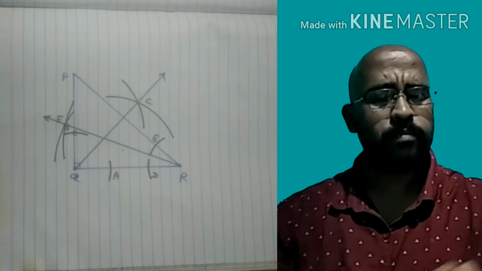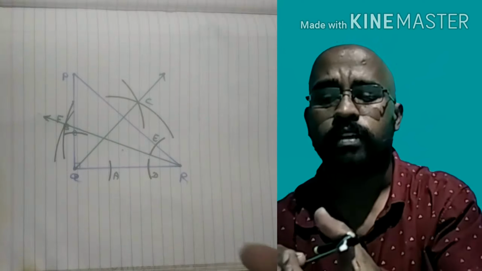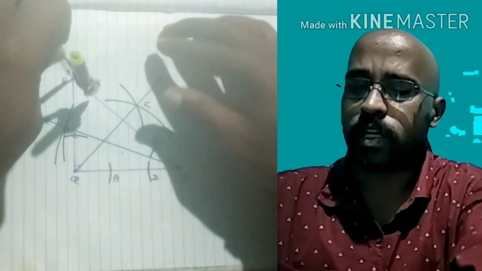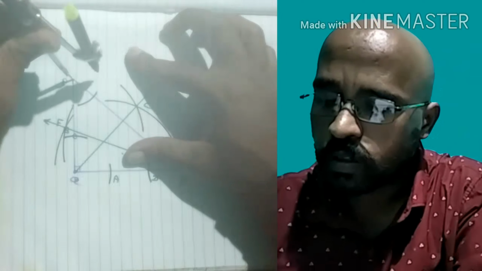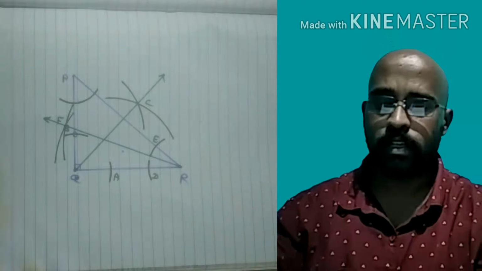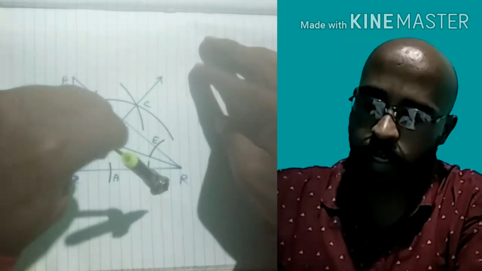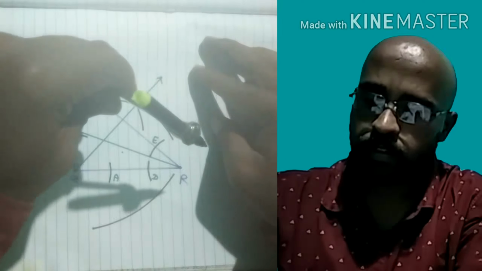Once again, just the same steps we have to follow repeatedly. One of the easiest lessons, no calculation, nothing, very few drawing steps to follow repeatedly. So I draw one arc intersecting these two arms of angle P, then increase the distance and draw two arcs out of the triangle.